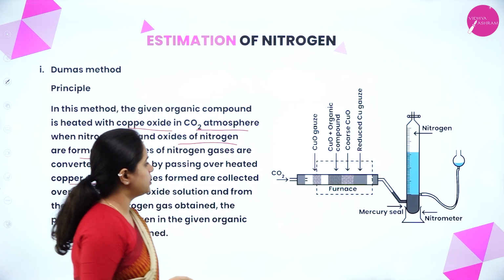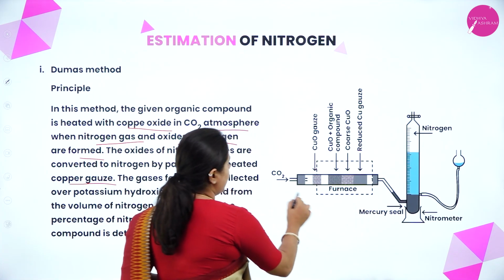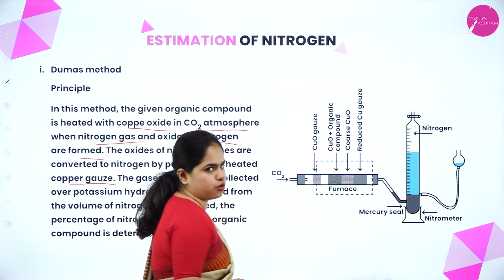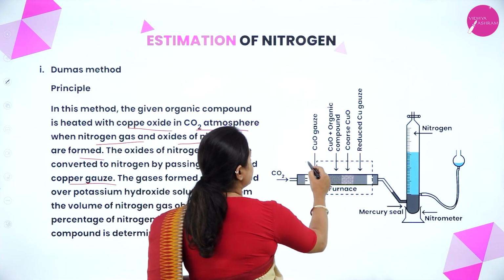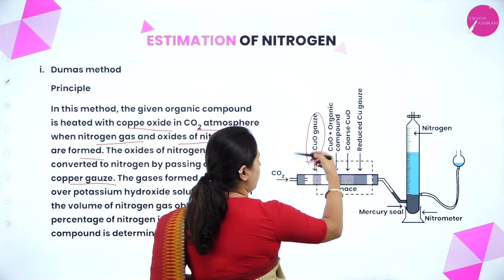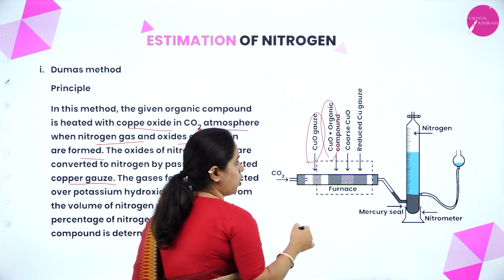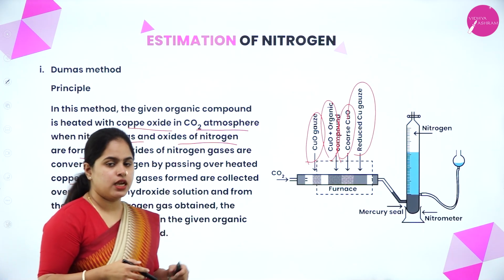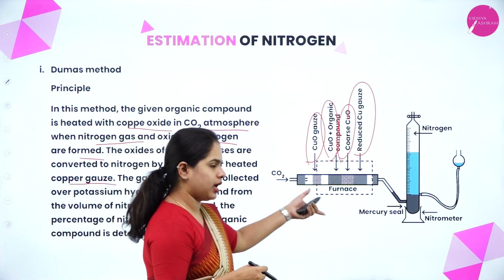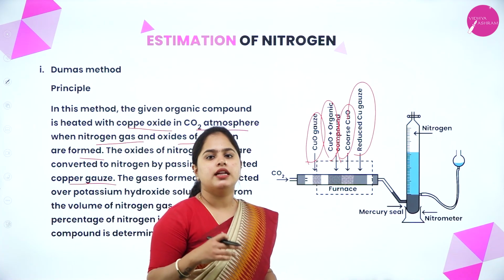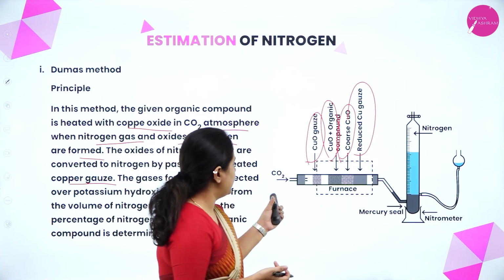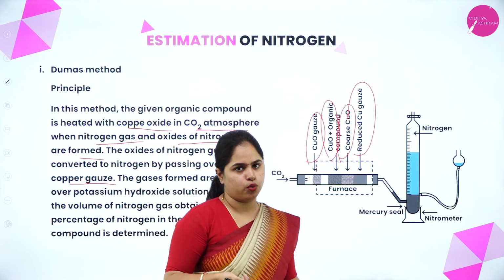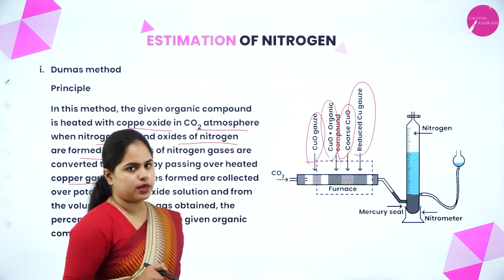As you can see, this is the combustion tube and carbon dioxide is passed through it. This is copper oxide, and copper oxide plus organic compound gives the oxidation products and reduced copper. So we take the organic compound, react it with copper oxide and pass carbon dioxide through it. This is the first step that happens.